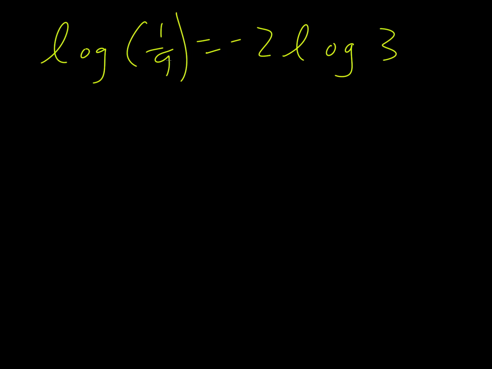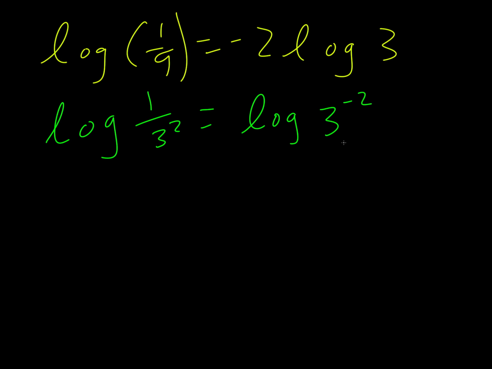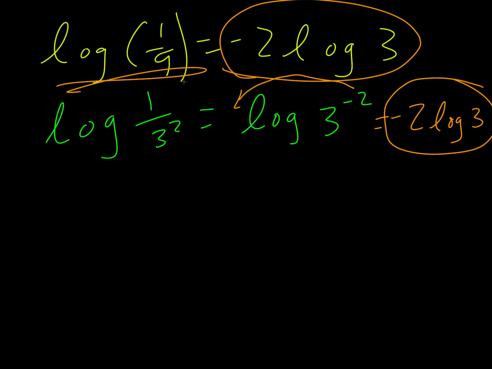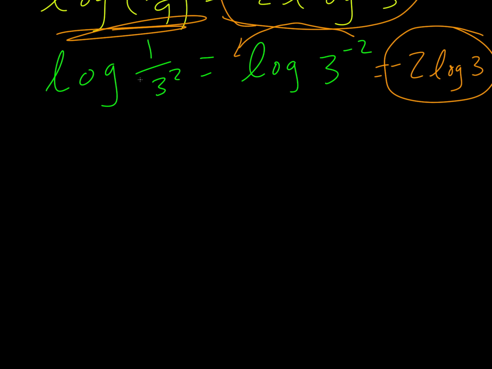And we see there's a 3 right here, so I'm going to start by doing 1 over 3 squared. Okay, and then I'm going to bring that to the top, and so that's going to give me log 3 to the -2. Then I'm going to use that exponent rule where I can bring that out there. So I get -2 log 3, which is the same thing as this. And so I just proved that those two are equal.